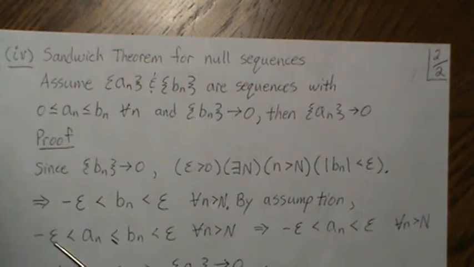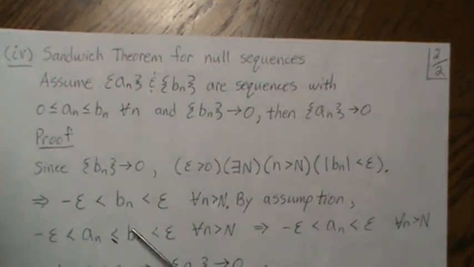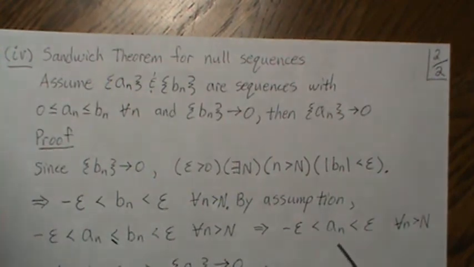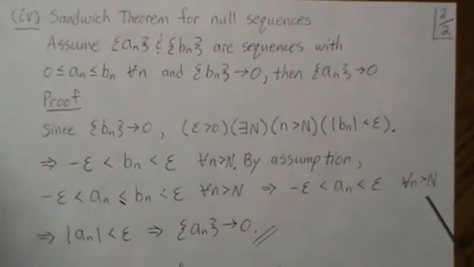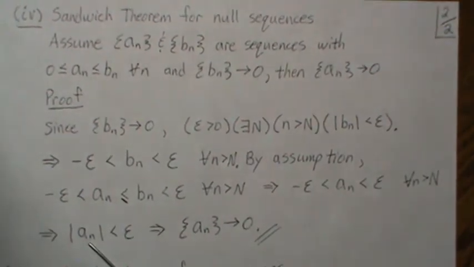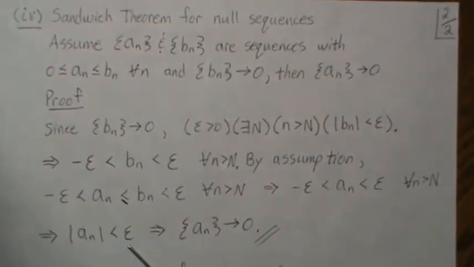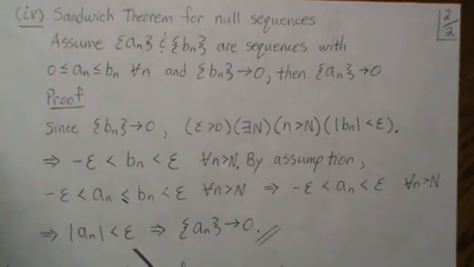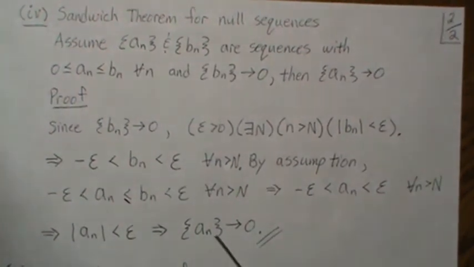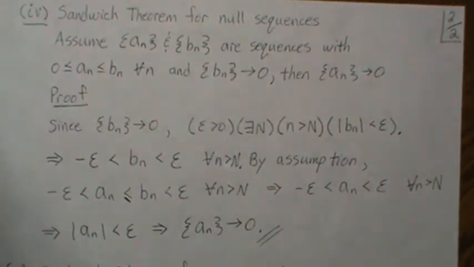And it's positive, so it's always greater than this negative number. Now, if we take away the b_n, we get this. And that's for all n. But that's saying that the absolute value of a_n is less than epsilon for all n greater than big N.